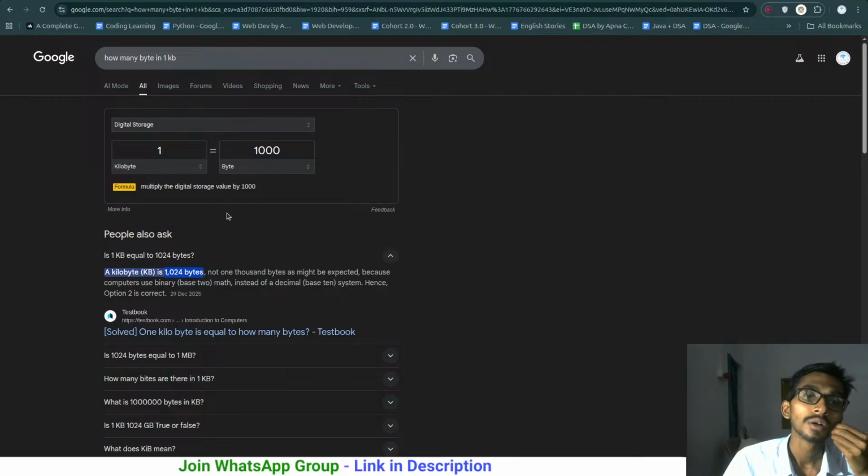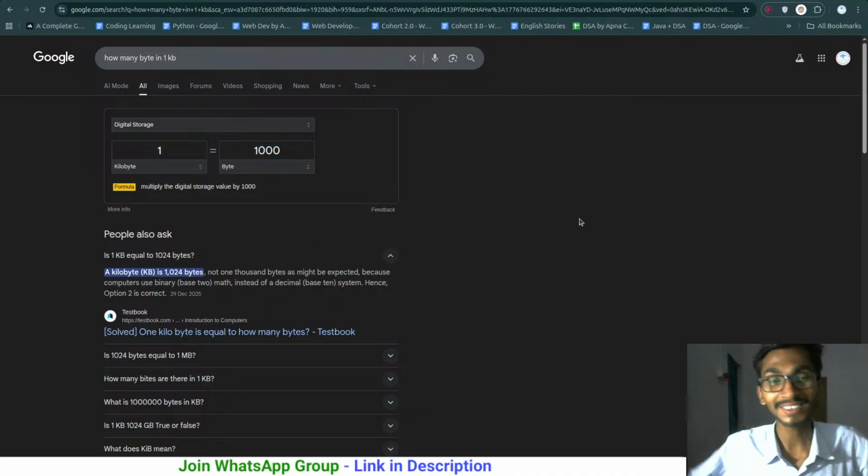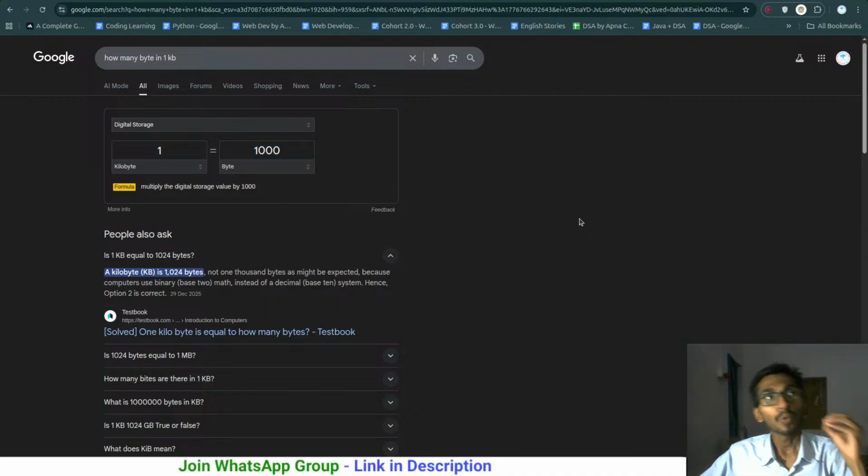Wow. And 1 byte has 8 bits, so it will have 8000 bits. I mean, it's insane, thinking that 8 bits are equivalent to 1 byte.